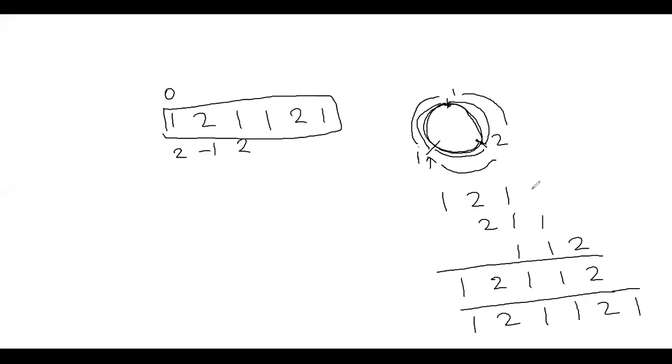This 0 index, 1 index, 2, 3, 4, 5. So here we can say that 0 and 3 actually mean the same thing. 1 and 4 mean the same. 2 and 5 mean the same. Because on that clock, you will see actually they are the exact same values.